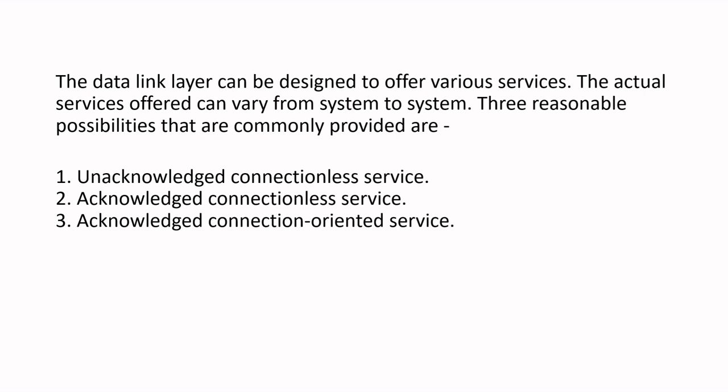The service has three distinct phases. In this type of acknowledged connection oriented service, this service has three phases. First phase is setup connection. Setup connection phase means a logical path is set up between the source and the destination machines. Buffers and counters are initialized to keep track of frames.